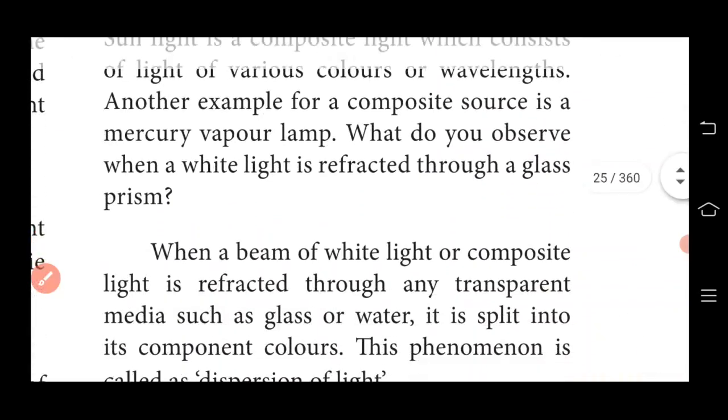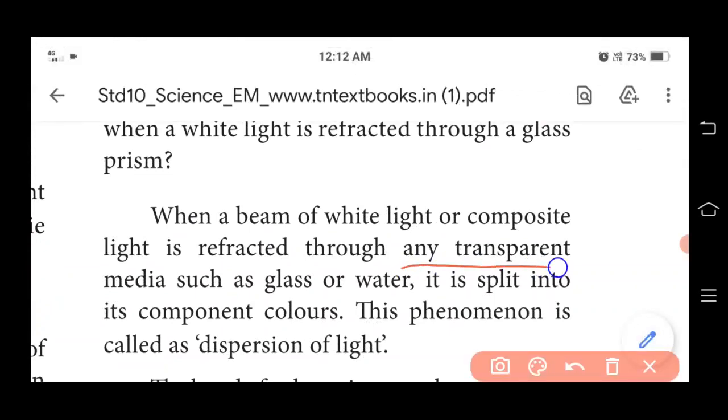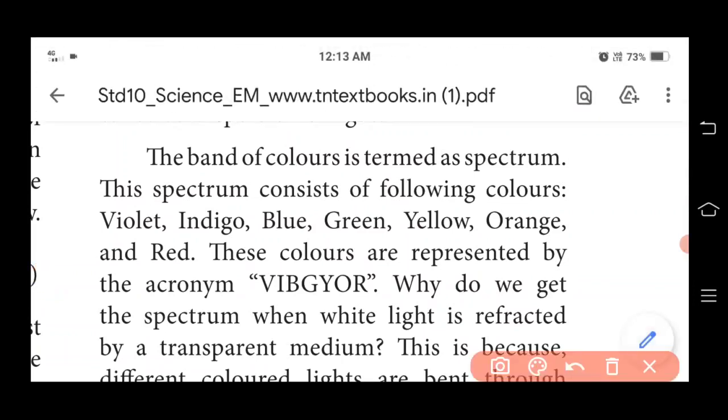So any transparent medium such as glass or water splits white light into component colors, and this phenomenon is called dispersion of light. Another question, what is meant by spectrum?